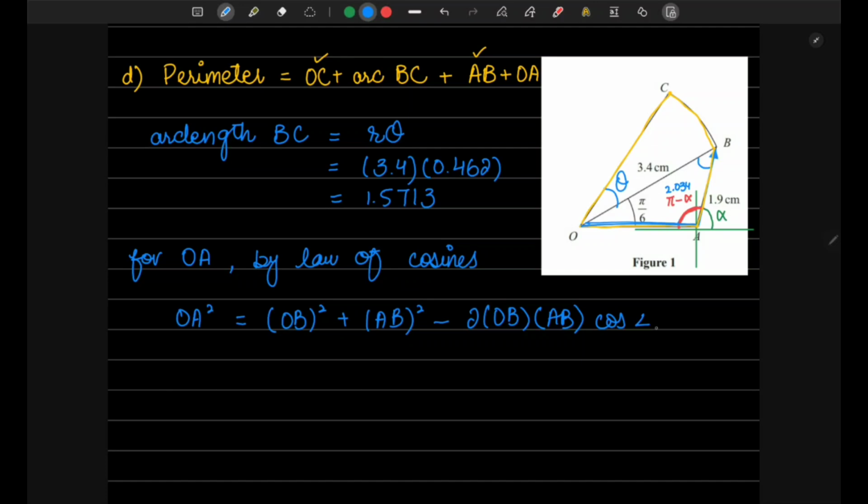Cos of angle OBA, angle B. So let's substitute in the values.